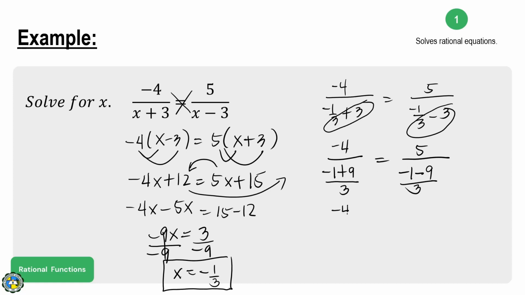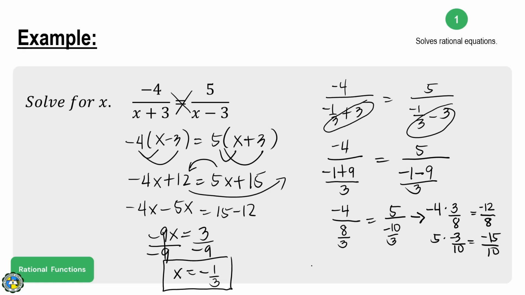So we have negative 4 all over 8 thirds and 5 all over negative 10 thirds. And to simplify this, we're going to use again the flip method, or the reciprocal method. So we have negative 4 multiplied by 3 all over 8. So this is negative 12 over 8. And the other one, we have 5 multiplied by negative 3 over 10, that is negative 15 over 10.